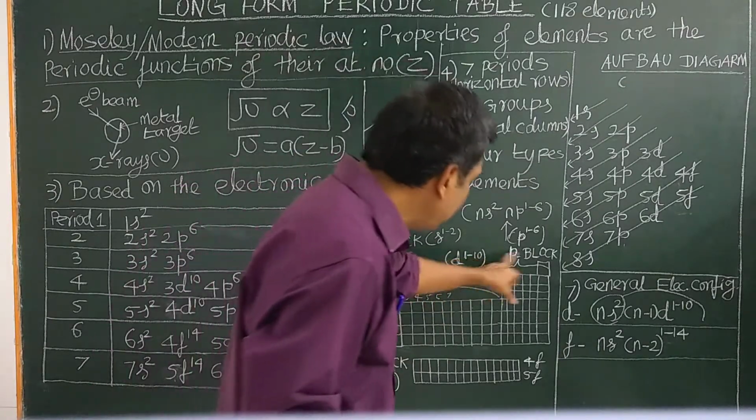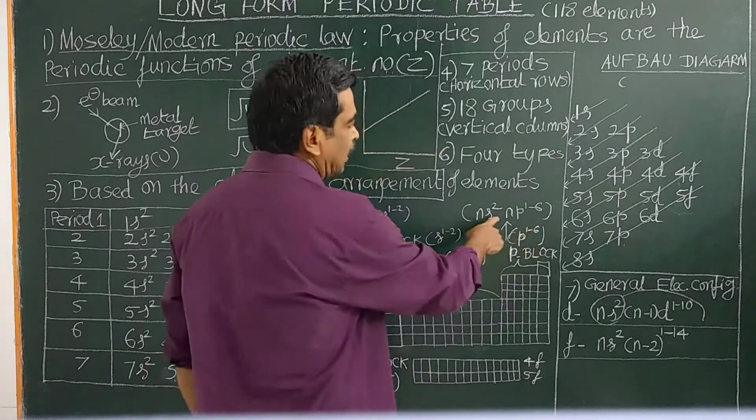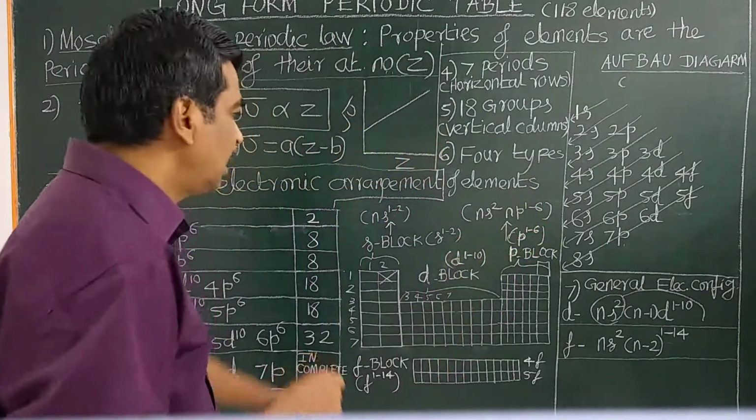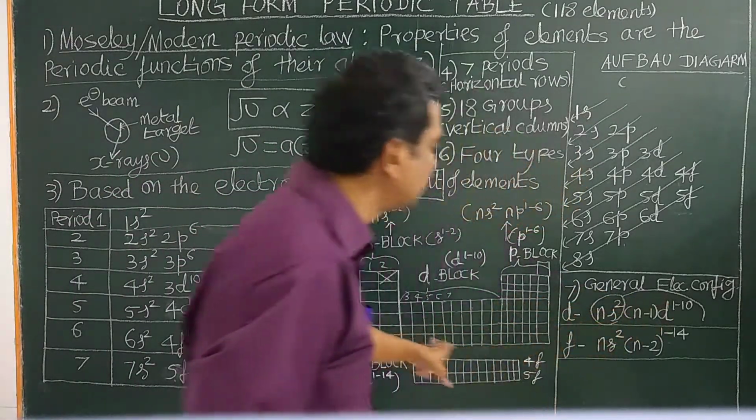In s block elements, the last added electron goes to the ns orbital. In p block elements, the last added electron goes to the p orbital, general configuration ns2 np1-6. The general electronic configuration for the d block element is (n-1)d.